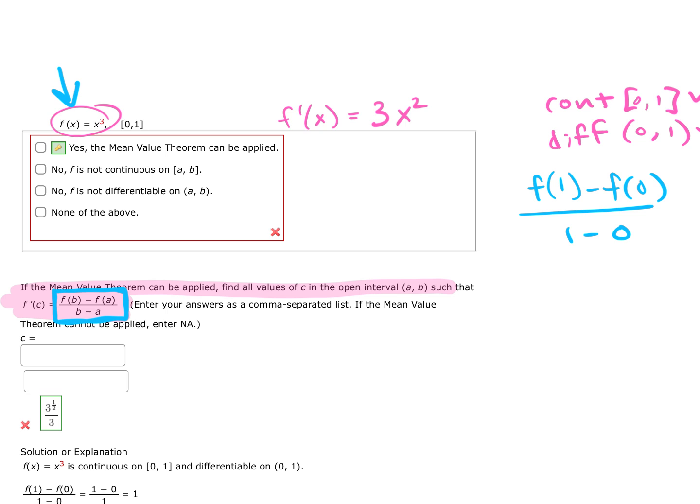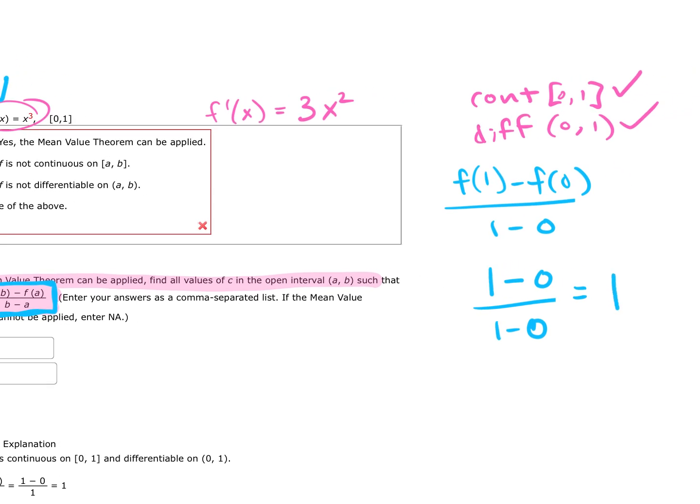We're plugging it into the original function. We would get 1. f of 0 would be 0, over 1 minus 0. So 1 over 1 would just be 1. So 1 is our slope. We're going to take that and set it equal to the derivative.